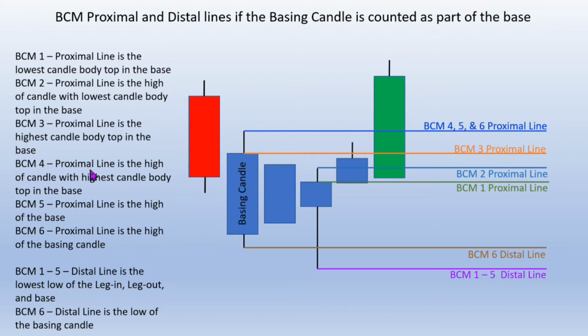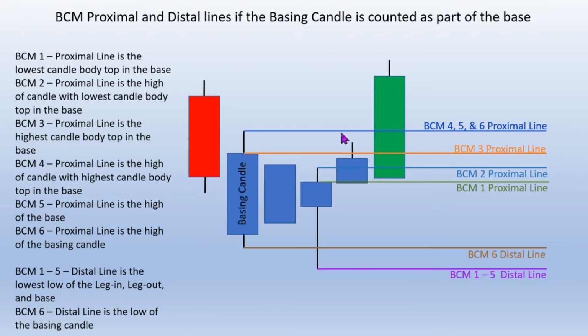BCM 4, the proximal line is the high of the candle with the highest candle body top in the base. So in this scenario, again, you can see for BCM 4, you're now going to be using the basing candle. And for 5, the proximal line is the high of the base.